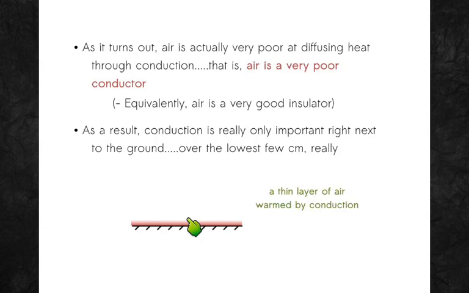And so that thermal energy will start to diffuse its way upwards through the atmosphere with molecules colliding with the other molecules next to them and transferring the energy upwards. But because the air is so bad at doing that, it actually is only a very thin layer that ends up being warmed that way. It's surprisingly thin. It ends up being on the order of centimeters that manages to get warmed directly by contact with the ground.